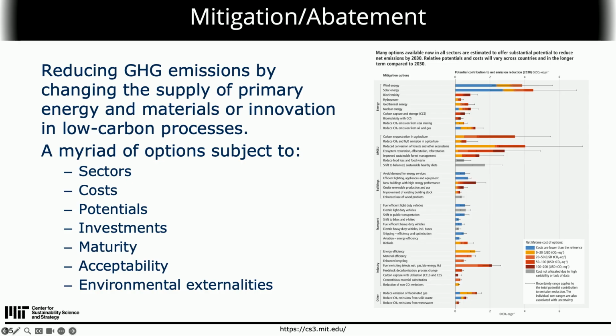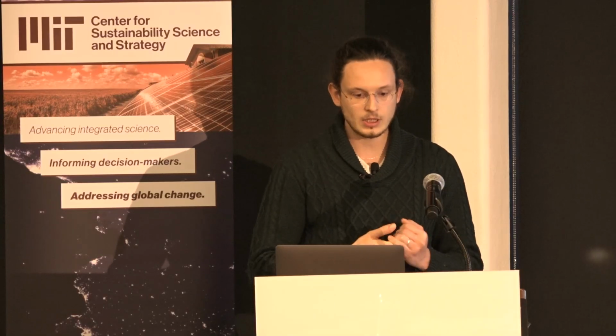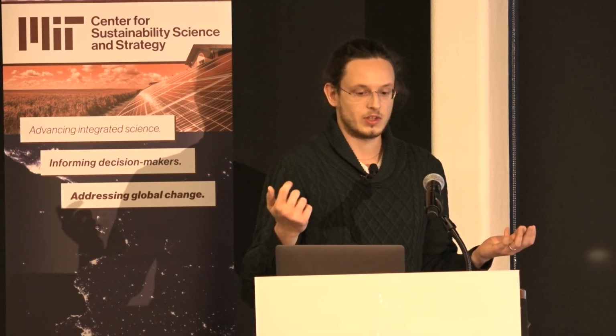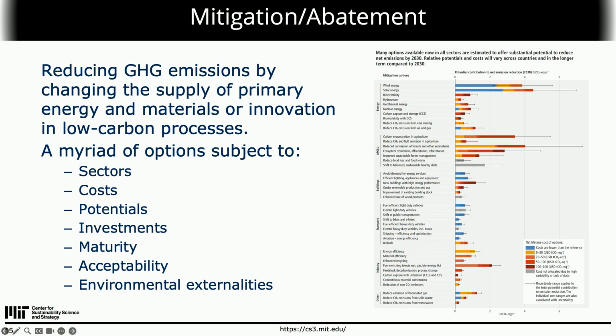machine, for example. It's relative also to maturity, because a lot of these listed options here are not completely mature. So we can actually measure that, and there's an index to measure how ready the technology is to be invested in and deployed massively. There's also the issue of acceptability by us, by the people, and environmental externalities that Tom just explained.